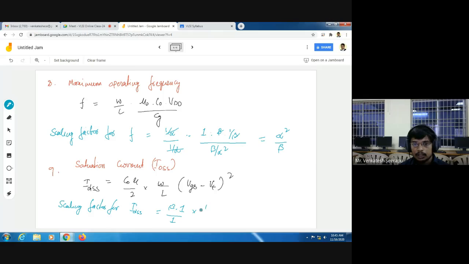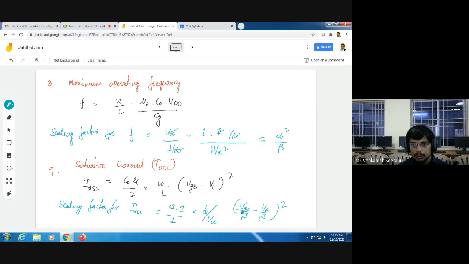W has a scaling factor 1 by alpha. Similarly, L also has a scaling factor 1 by alpha. All of you know that the voltage has a scaling factor of 1 by beta. So take VGS by beta minus VT by beta whole square.